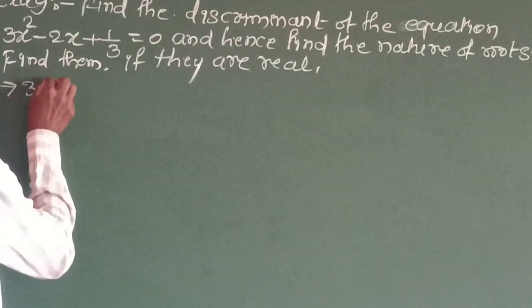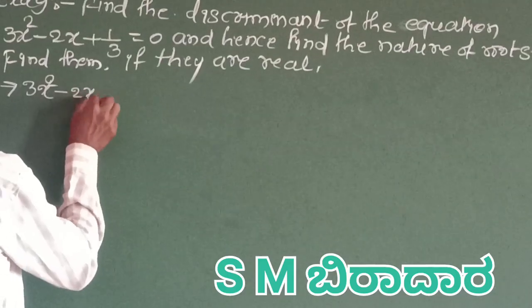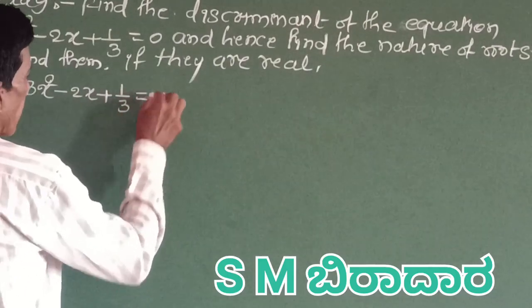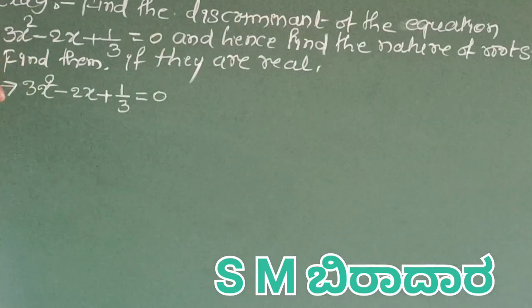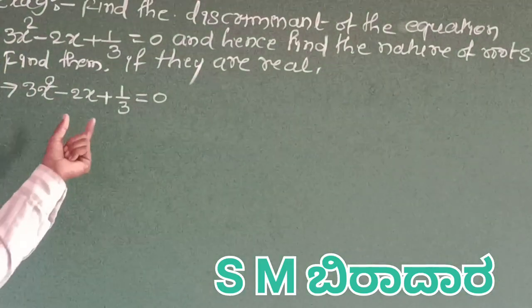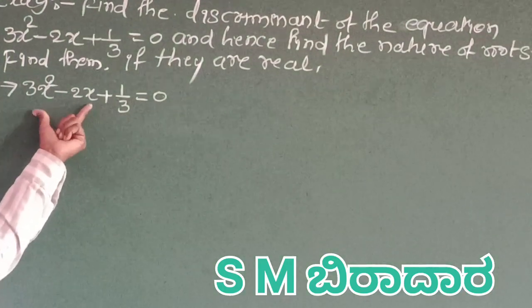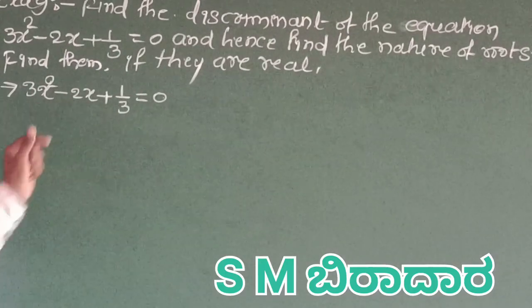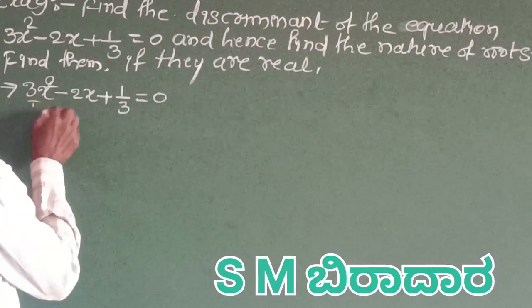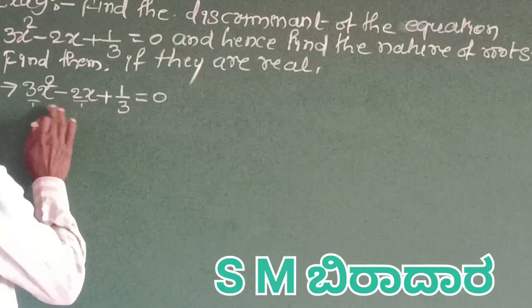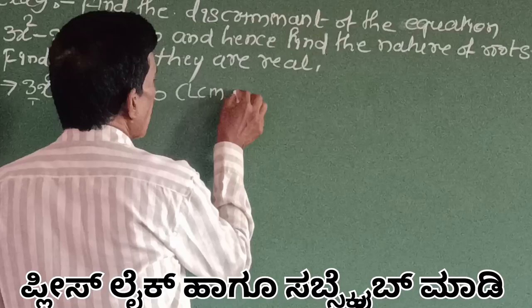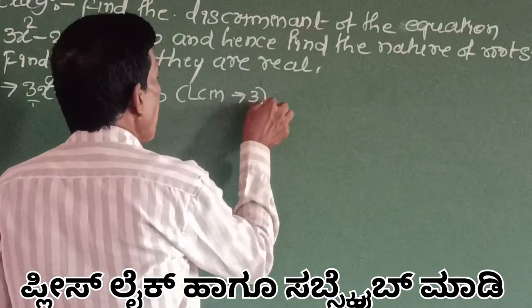3x square minus 2x plus 1 by 3 equal to 0. In the denominator there is 3, so first you find the LCM of the given equation. The LCM is 3.